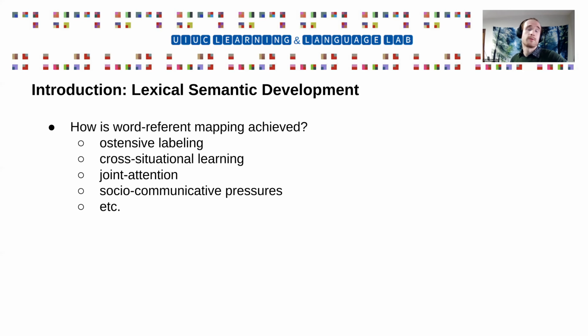Now, all of this is, of course, helped by things like social cues, joint attention. Children won't just pay attention to anything or consider any potential word referent mapping hypotheses. They'll be sensitive to where parents look, eye gaze, gesture, all these sorts of things, including social communicative pressures.